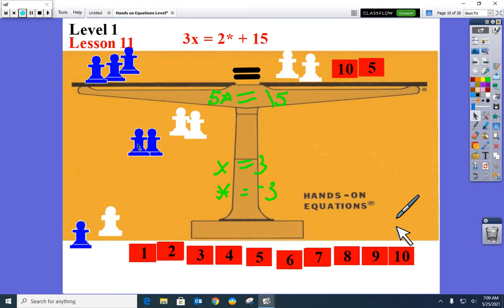If x is 3, 3, 3, 3, that's 9 on this side. I have a negative 3 and a negative 3, and when I add those two together, I will get negative 6. And now I have to look at negative 6 plus a positive 15. That's going to be a positive 9.